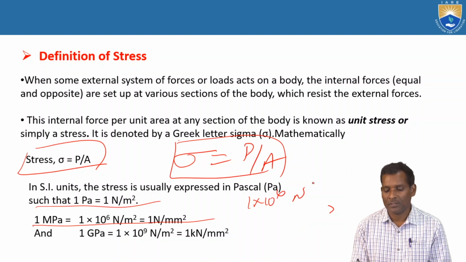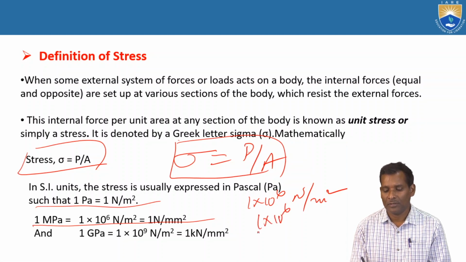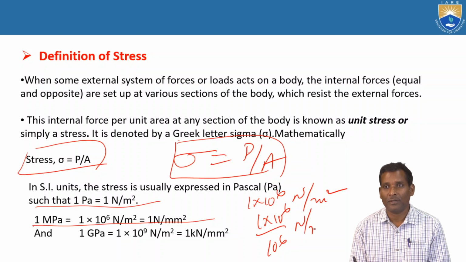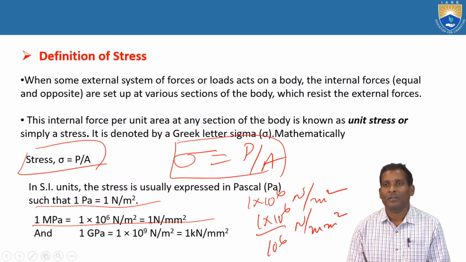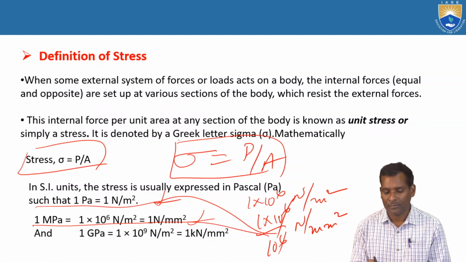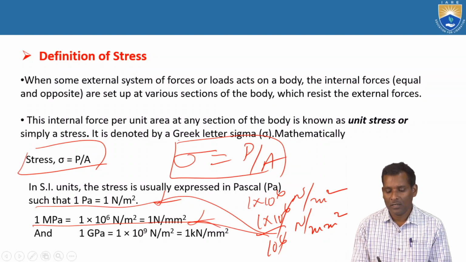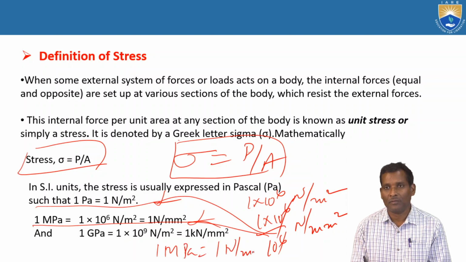Converting into Newton per mm square, divide by 10 to the power of 6 Newton per mm square. The 10 to the power 6 terms cancel, so 1 megapascal is equal to 1 Newton per mm square.